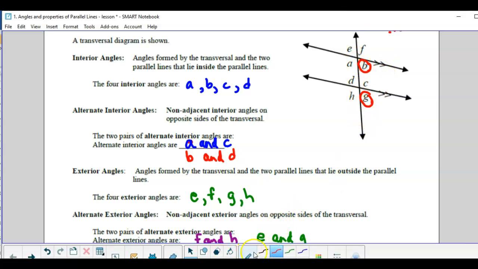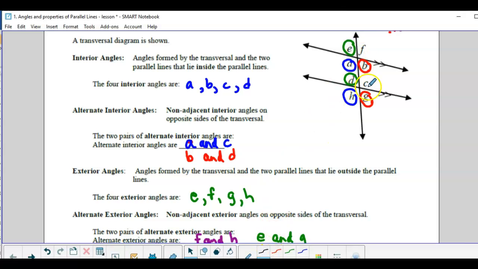Then another pair here would be A and H. And then you could actually go above, right? So if I chose here D, that's interior, then this is exterior.